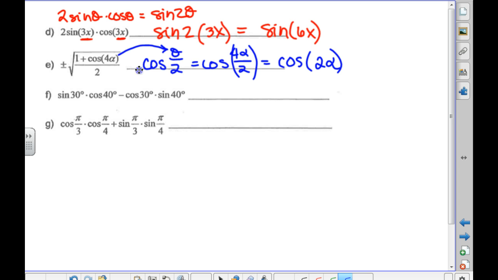I did. Yeah, it's a half angle. 4 alpha goes in there, and when you take half, it simplifies down to 2 alpha. Obviously, there's other trades for that because it's now a double angle, but we're just trying to simplify, not make it more complicated.